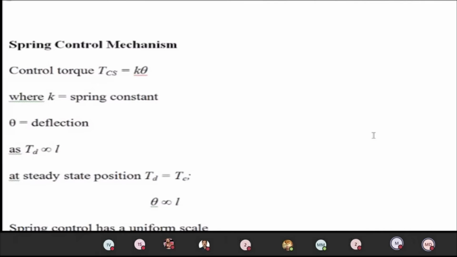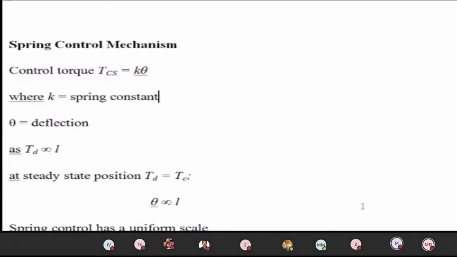In the spring control mechanism, the control torque is given by k theta, where k is the spring constant and theta is the deflection angle. As the deflecting torque is directly proportional to the length of the strip, at steady state position the deflecting torque and controlling torque are equal. If both the torques are equal, we can say that it is a steady state.